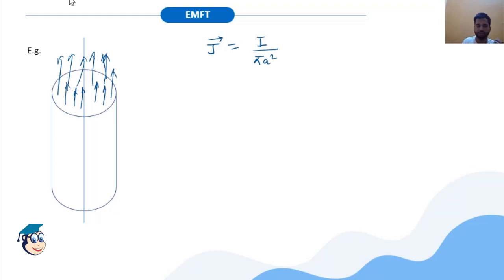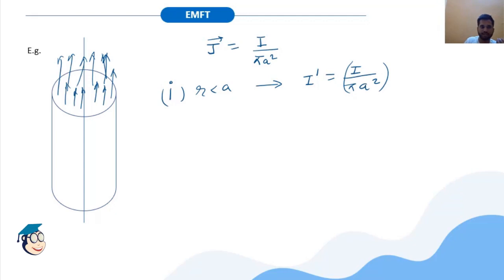And now we will apply the Ampere's law, and the first sub case is again r less than a. Okay, for r less than a, the current enclosed I dash would be J, which is I over pi a square, multiplied by the area of the Amperian loop.